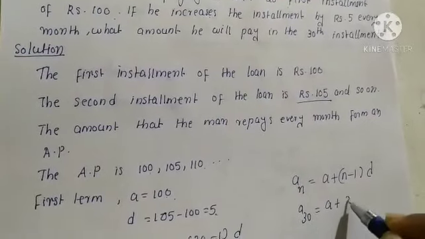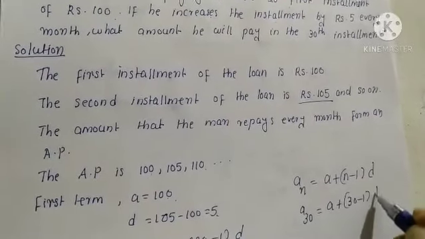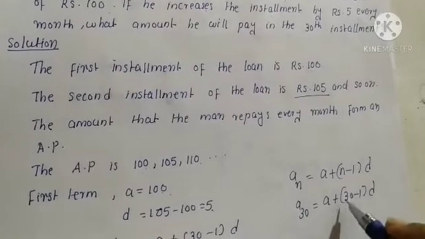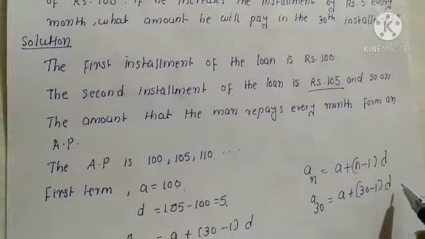So replacing n by 13, here we get a13 equal to a plus 13 minus 1 into d.